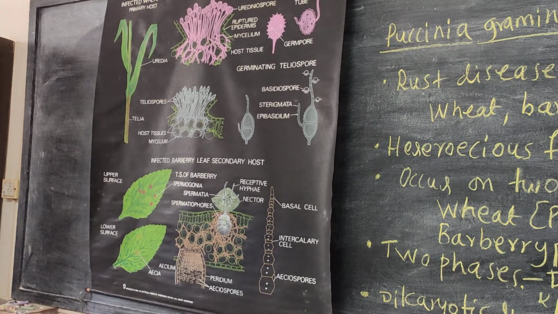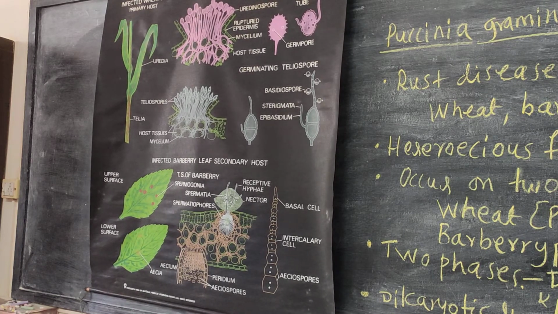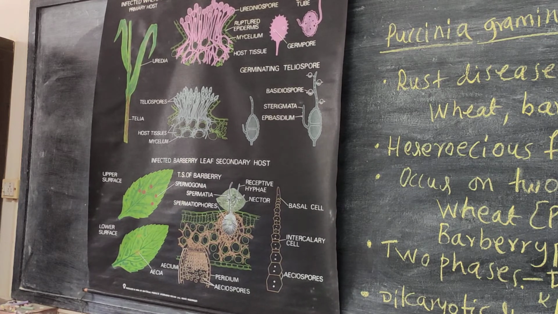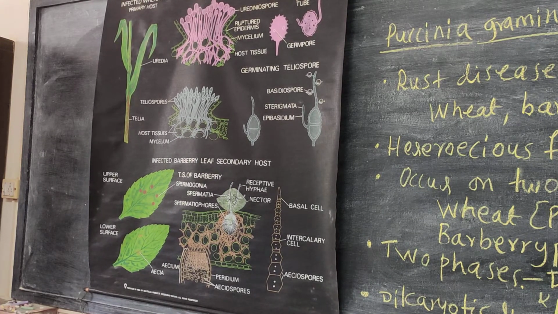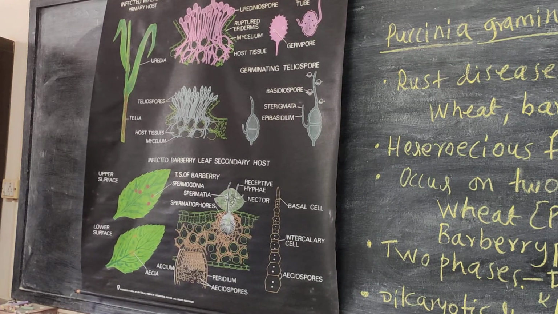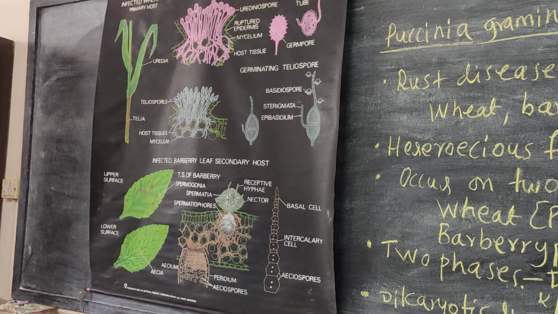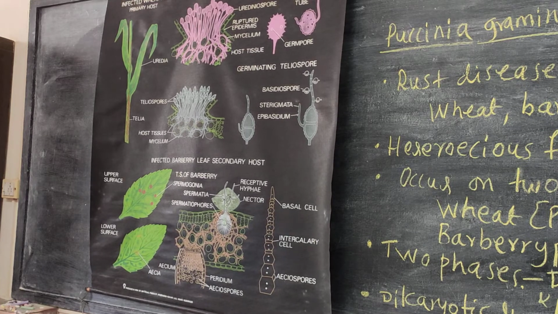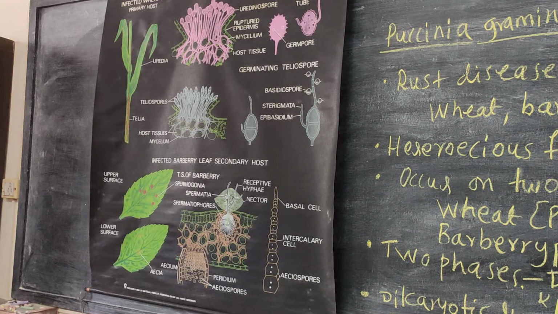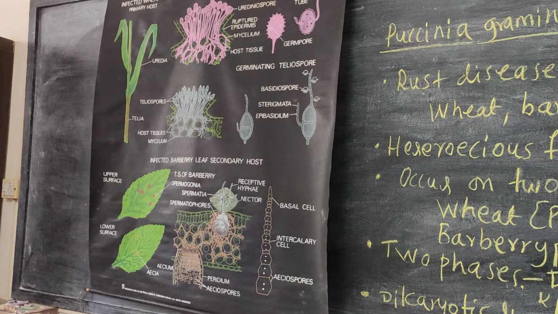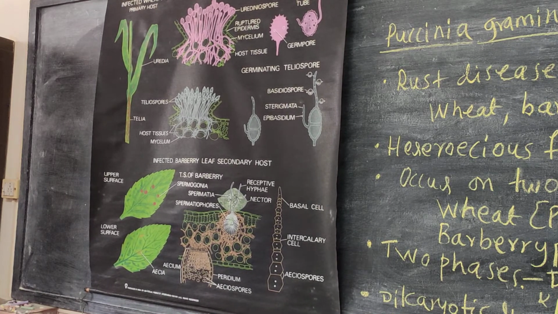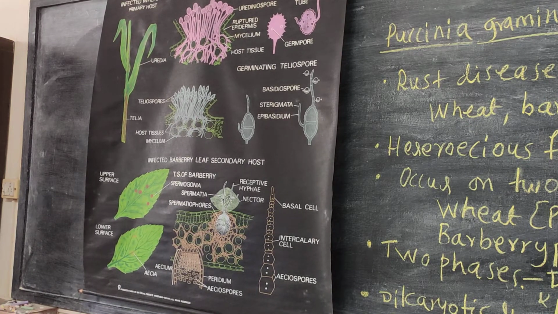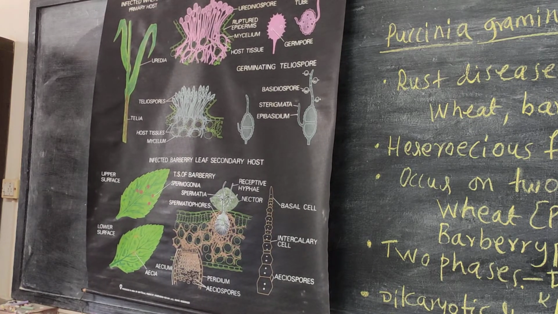They are carried to the wheat plant where they germinate. During early summer, aeciospores infect the primary host wheat plant and produce dikaryotic mycelium.